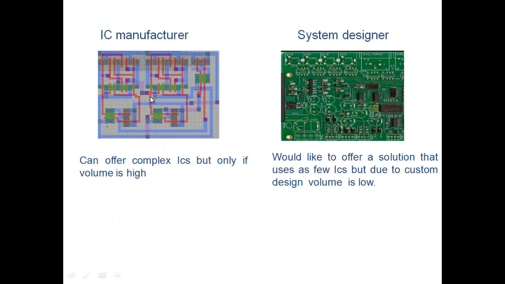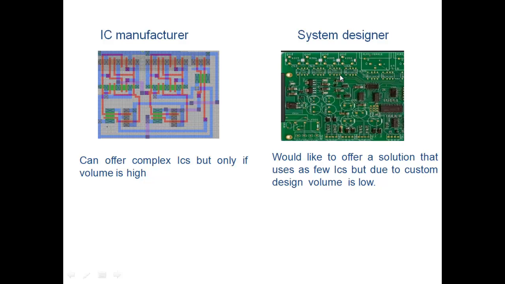Well, there are two traditional ways that you're seeing here. One is a system designer, he or she integrating ICs on a PCB and making it. Volumes are very low. And the other one is an IC manufacturer, whose problem is that he can manufacture complex ICs only if volume is very high. So here is the problem.